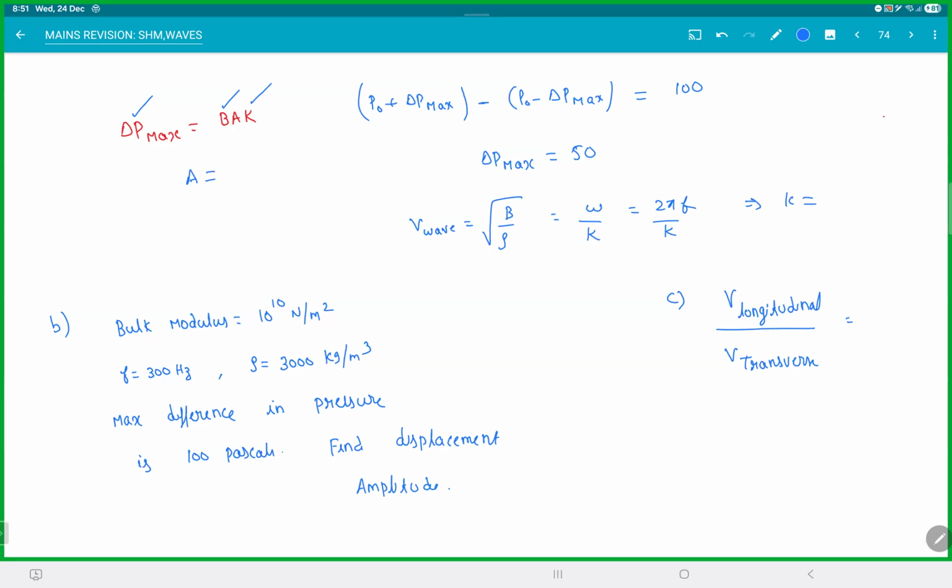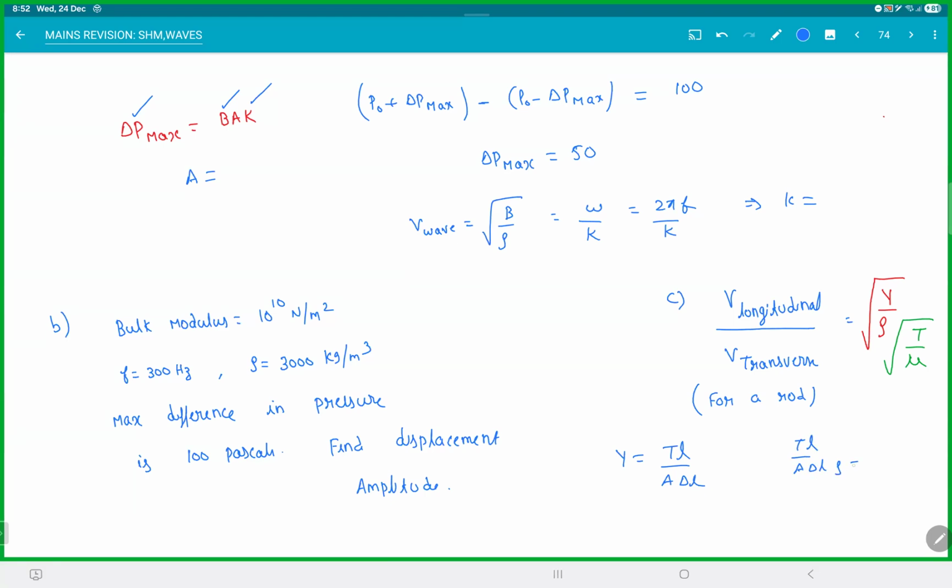What is the ratio of V longitudinal by V transverse wave? What is V longitudinal? Root over Young's modulus by rho for a rod. So I should say this is for a rod. So V longitudinal will be root over Young's modulus by rho. V transverse will be root over tension by mu. And then we know Young's modulus is equal to tension times length by area into delta L. So if you substitute all that, you will get Y is TL by A delta L rho.